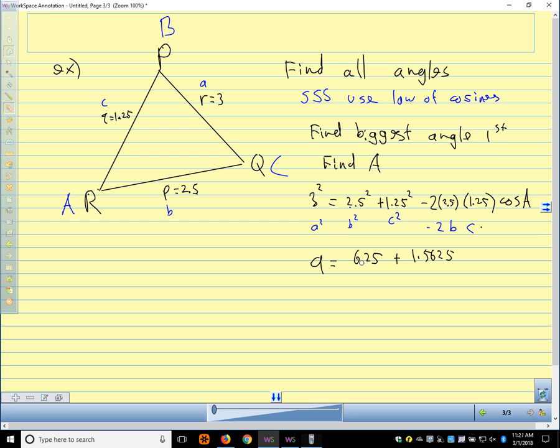So we have 6.25 plus 1.5625 minus 2 times 2.5 times 1.25, which is 6.25.